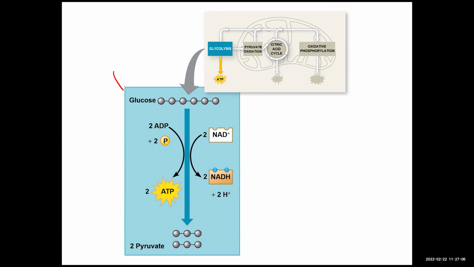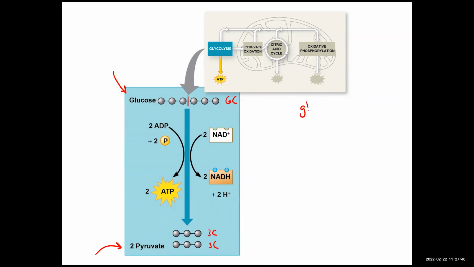So we know, for example, that glucose is our initial reactant and that pyruvate is going to be our end product. The other thing you should notice about this is we are essentially cutting glucose in half. This is the number of carbons that it has. So glucose is a 6-carbon molecule and pyruvates are 3-carbon molecules. So for every 1 glucose, we will make 2 of them. We're going to put in some ATP and we're going to get out 2. We're going to put in some NAD+ and we're going to get out some NADH.